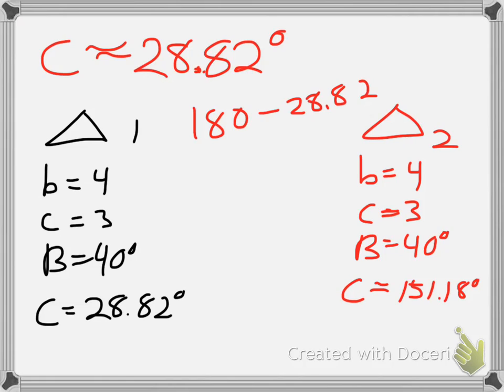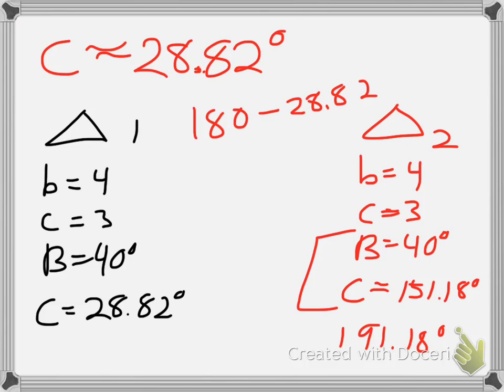Now, to make sure that I have a valid second triangle, let me add my two angles that I know. Now, the problem with that is I get 191.18. So that means already, without even finding the third side of my triangle, I have a sum that's over 180 degrees.